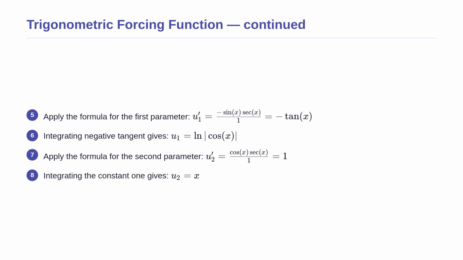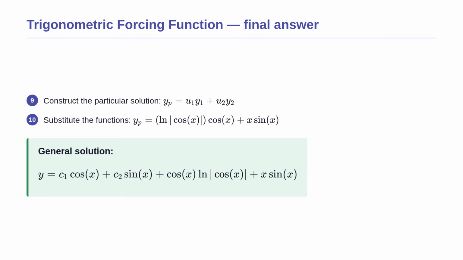Integrating negative tangent gives us the natural logarithm of the absolute value of cosine x. For the second parameter, we plug in cosine x and secant x. These two functions are reciprocals, so they perfectly cancel each other out, leaving us with just the number 1. Integrating the number 1 with respect to x simply gives us x. We are now ready to assemble our final answer for this problem.